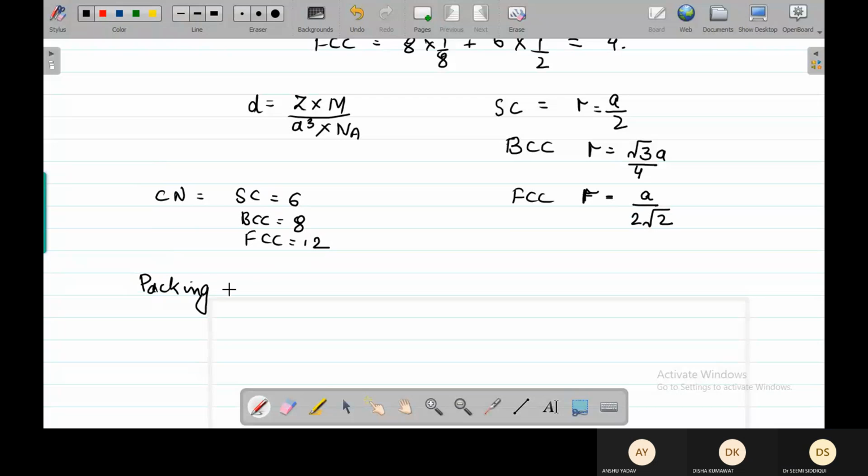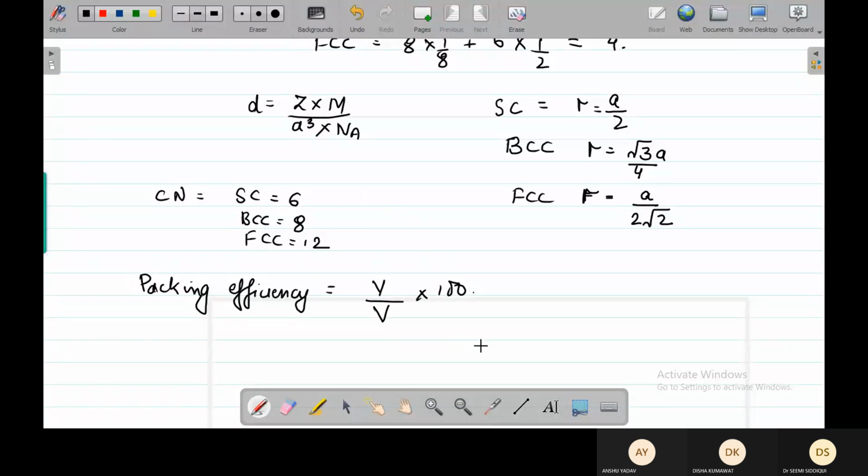Further, we have the packing efficiency. When we talk about the packing efficiency, it is the percentage of total space filled by the particles. So packing efficiency is the volume occupied by atoms present in a unit cell divided by the total volume of the unit cell, multiplied by 100. From all these, we expect a numerical based question.